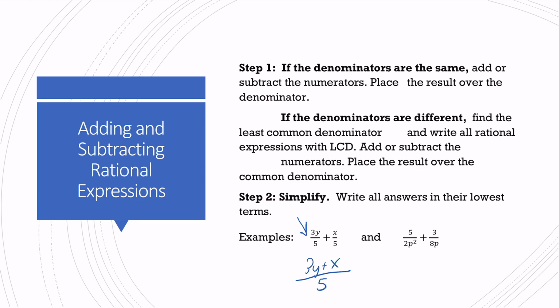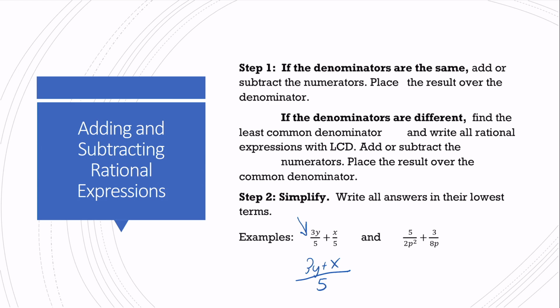If the denominators are different, we have to find the least common denominator and write all expressions with the same LCD. So we have to make it so all the fractions have the same denominator. Then we can add or subtract them and place it over the common denominator. And we do that by harnessing the power of 1.